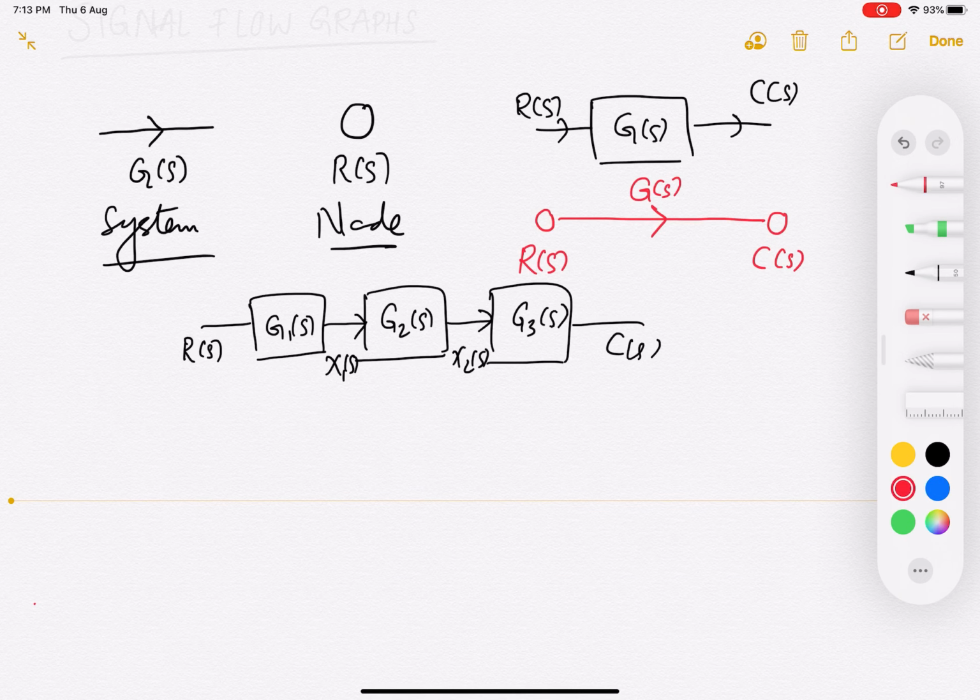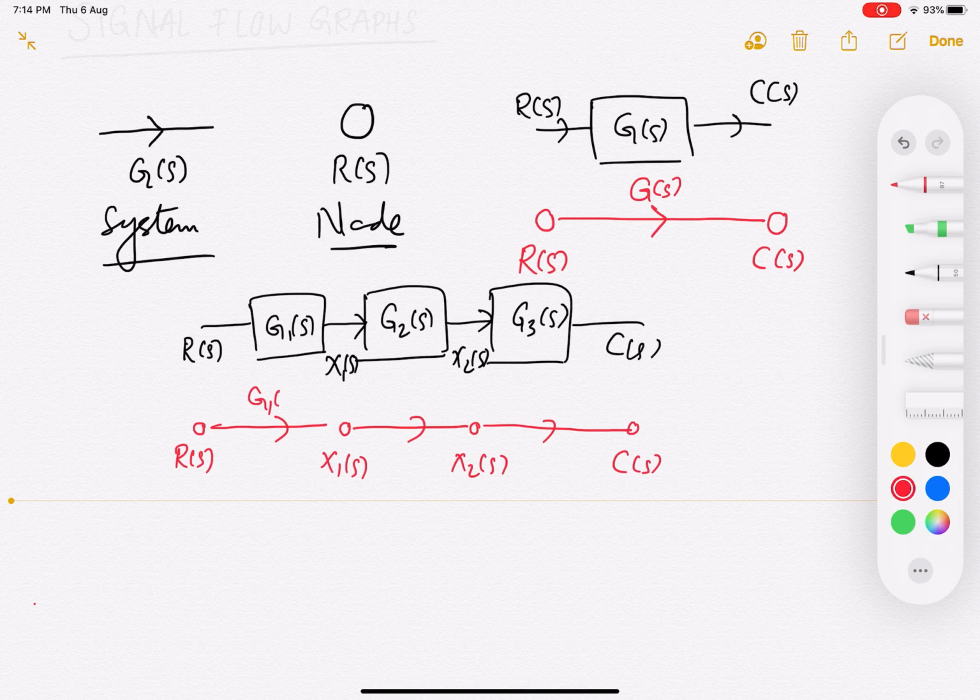First draw your nodes: R(s), X1, X2, C(s). These are the four signals. Then we draw the branches, which are the systems: this is G1(s), this is G2(s), and this is G3(s).